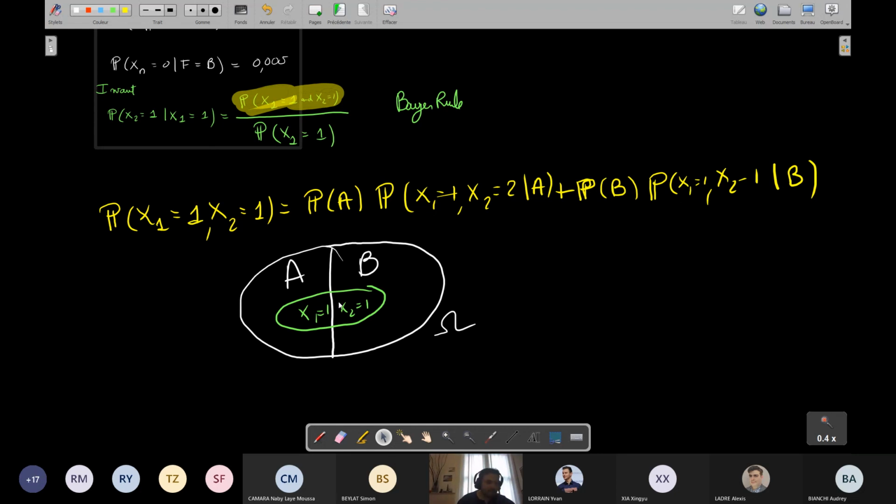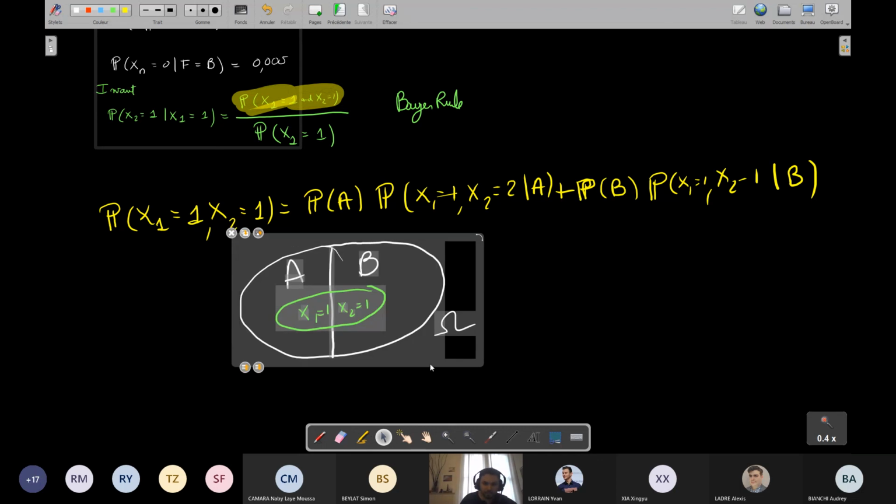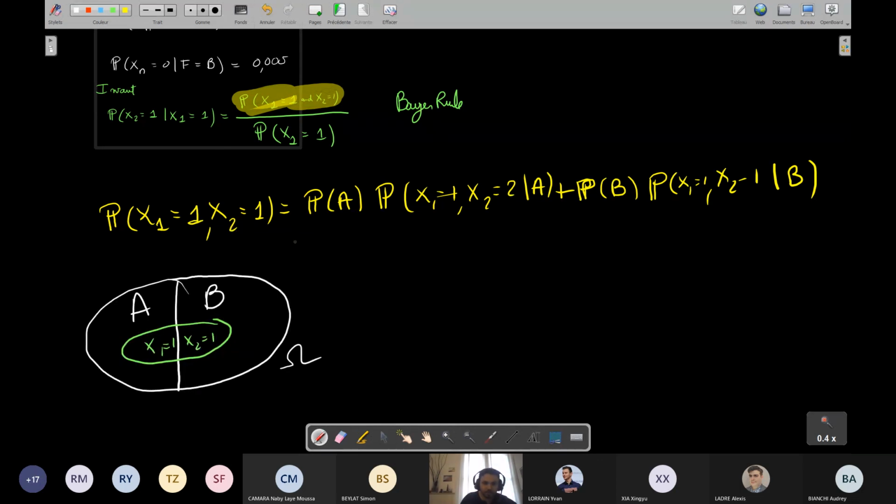So what's the probability of A? Well, it's just 1/2. Probability of B is also 1/2. What's the probability that the first two are working given A?